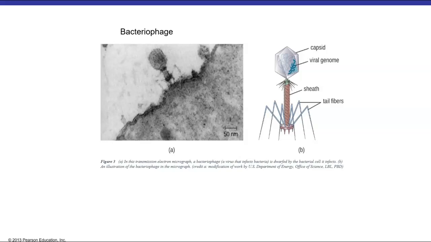Bacteriophage are viruses that infect bacteria. I want you to know that word because bacteriophage are everywhere. All bacteria can get viral infections, and we call the viruses that infect bacteria bacteriophage. Many of them have this complex virus structure, so they're really odd looking.